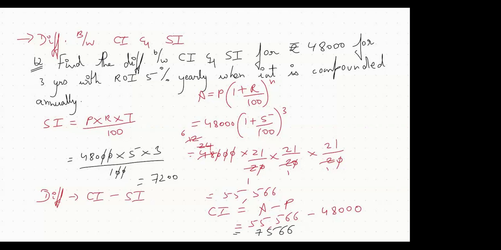So compound interest is 7,566 minus 7,200, which comes to 366 rupees. Okay. Hope this question is clear to you.